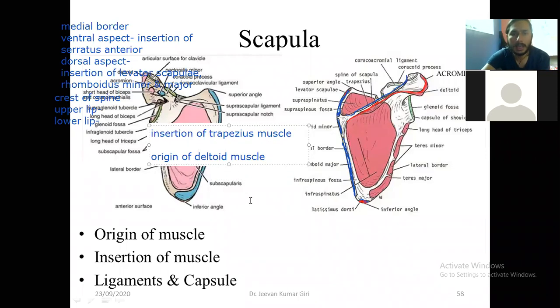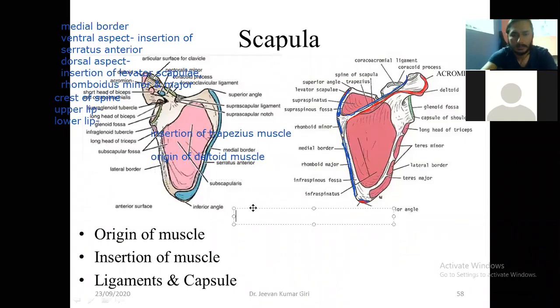Now see, the acromion has two borders, isn't it? The medial border, and next is the lateral border. In the medial border there is the insertion of the trapezius, and at the lateral border the origin of the deltoid, same thing.